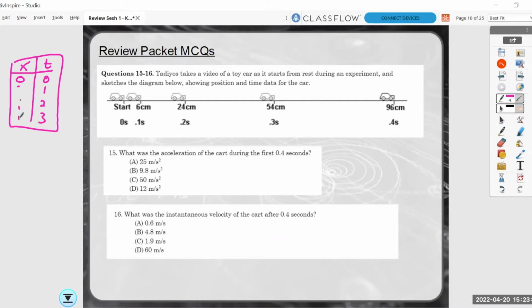The important thing to realize is that if it's accelerating, you want to make sure to use 1/2 at squared, right? In this case, we know that it started from rest, so our initial velocity is nothing, and otherwise we know all of the position data. If I look at my last point here, I know that the final position is going to be equal to 1/2 at squared, because normally that equation has a v0 term in it, but if the initial velocity is nothing, it's just 1/2 at squared.